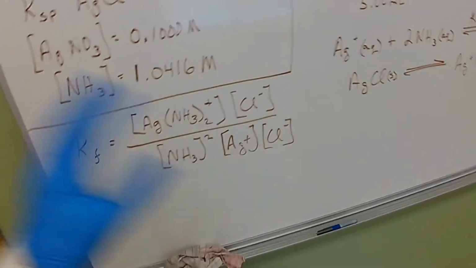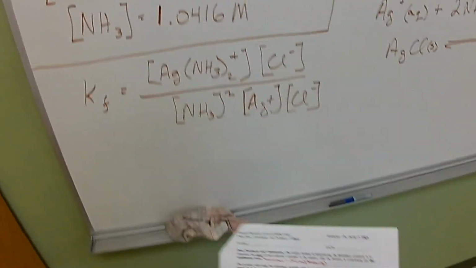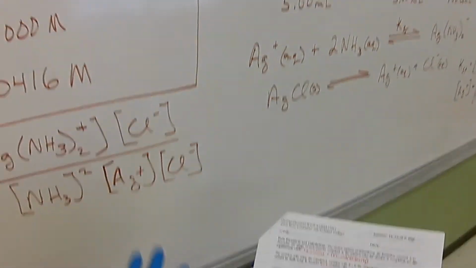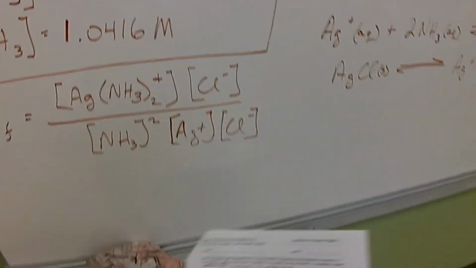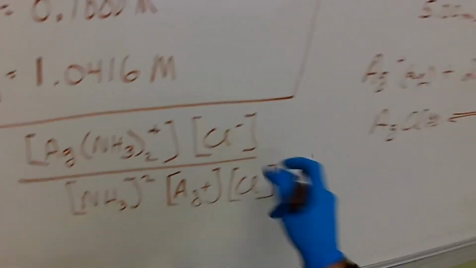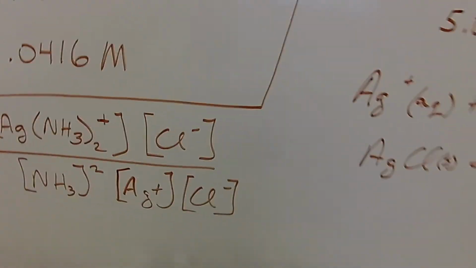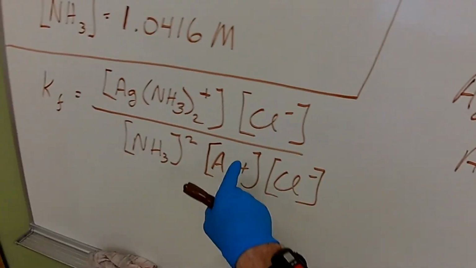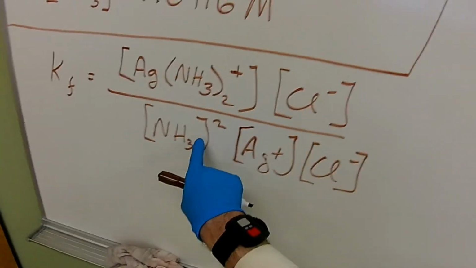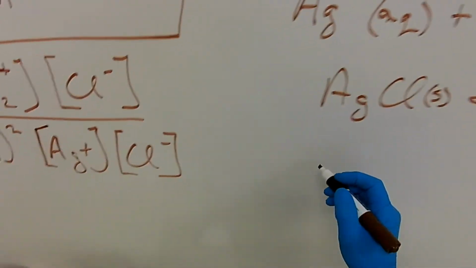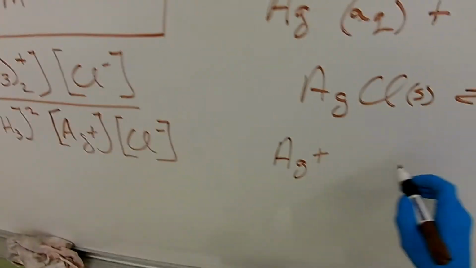Okay. Now, if we back figure from this expression, what would the equation look like? Right? This would be on the product side, and this would be on the reactant side. So our table would look like this. We would have this on the product side. We're going to do the reactant side first. So what we would have is silver. I'll do a little out of order. And then we would have ammonia.